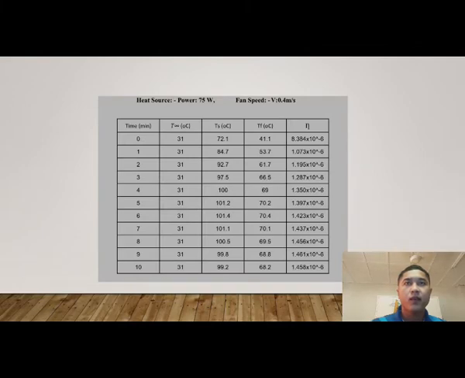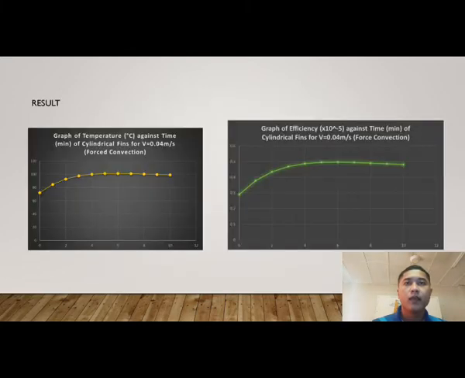Okay, next, this is the data for fan speed V equal to 0.4 meter per second. Okay, this is the result from the data.